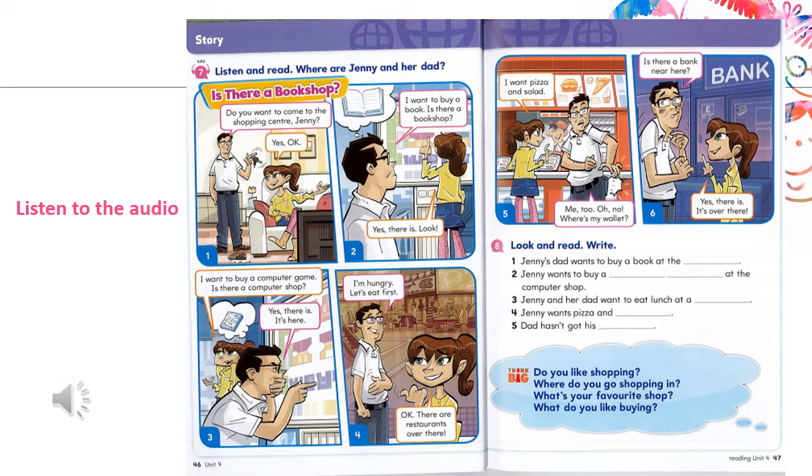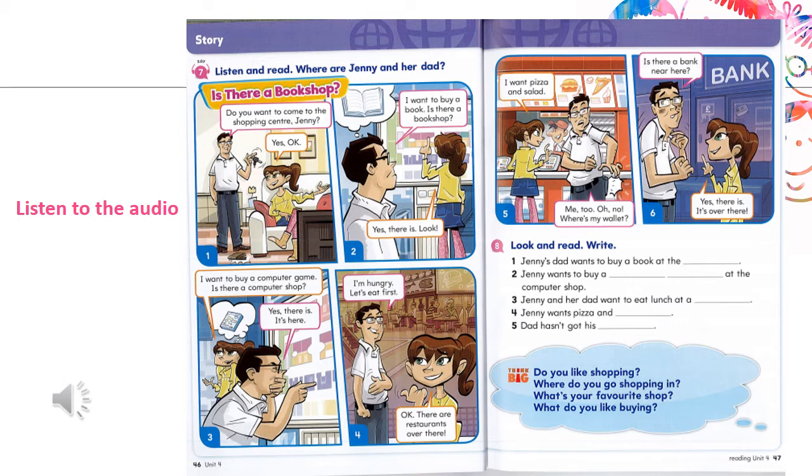Yes. OK. I want to buy a book. Is there a bookshop? Yes, there is. Look. I want to buy a computer game.